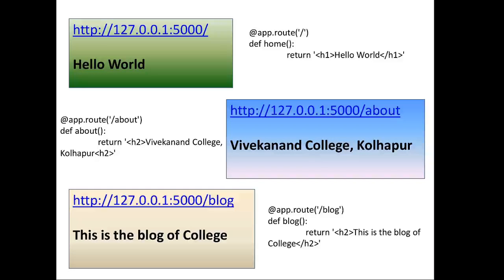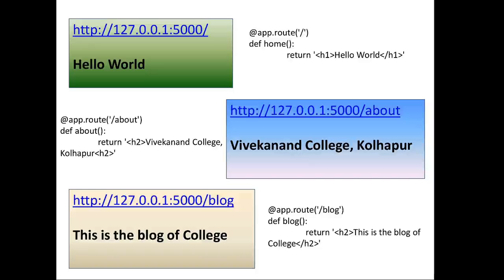Okay. So when we provide this URL, this gives you contents Vivekanand College Kolhapur because this text is given within this about function. Okay, and when we provide this URL, the address slash blog, what it gives here is, this is the blog of college, because this text is written within the function blog.